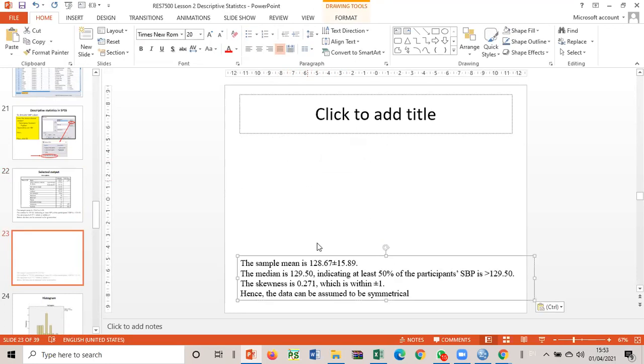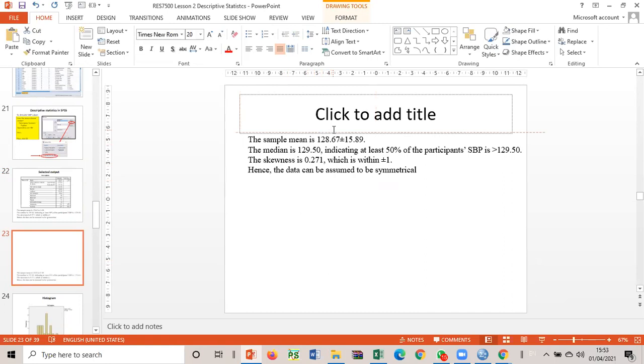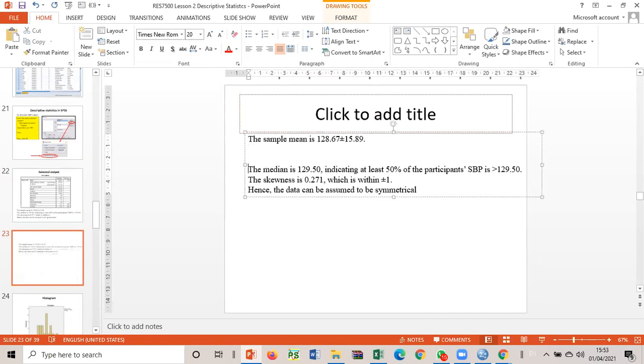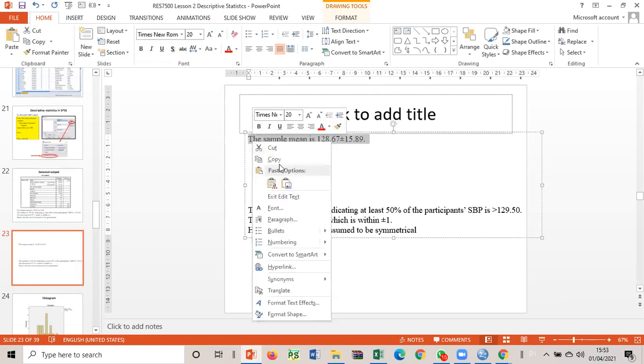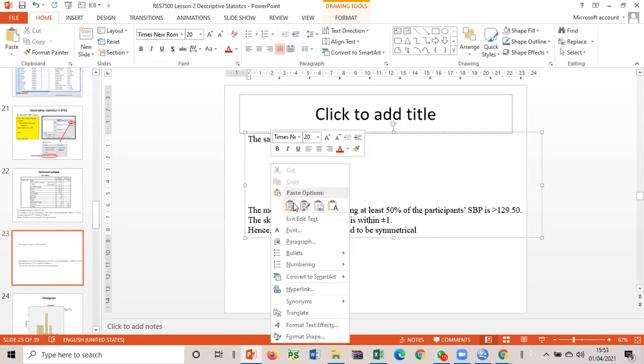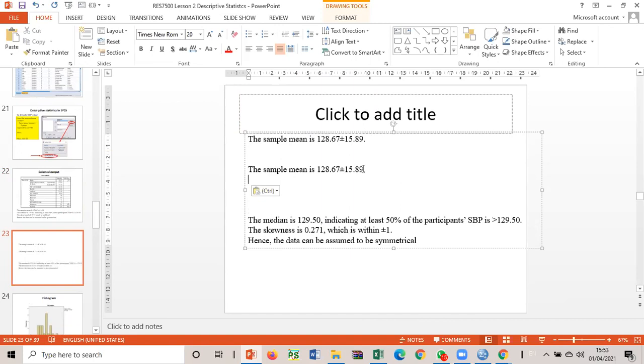Let's say now we have another example. Okay, in this example, we have another set of data. The sample mean was... how do you compare the first one with the second one? How do you compare these two? Their standard deviations are different, right?